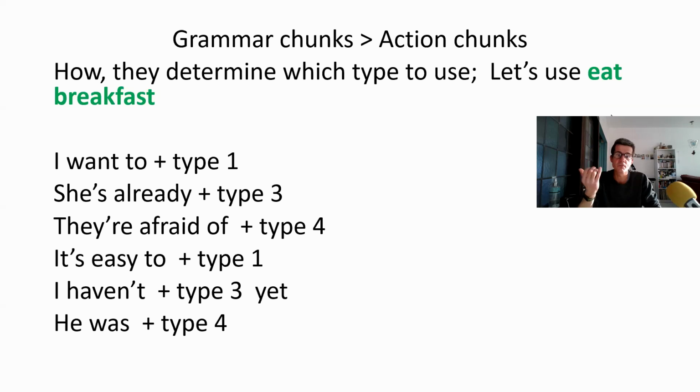I want to always goes with type 1, so I want to eat breakfast. She's already goes with type 3, eaten breakfast. They were afraid of goes with type 4: they're afraid of eating breakfast. It's easy to eat breakfast. I haven't eaten breakfast yet.